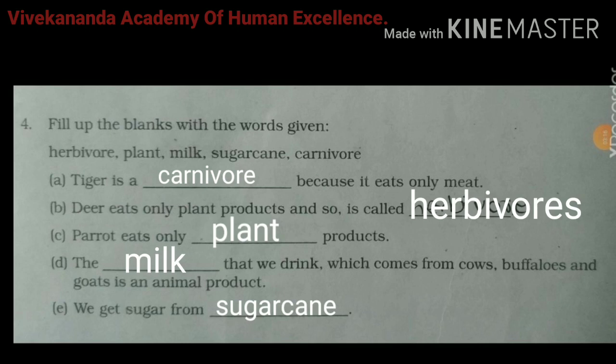Next, E. We get sugar from sugarcane. In this way, only 4 questions are here and we have seen all these questions with their answers. Now we will go for some extra questions.